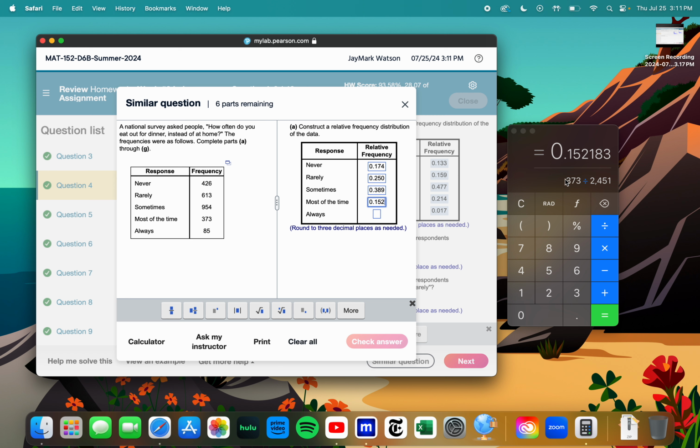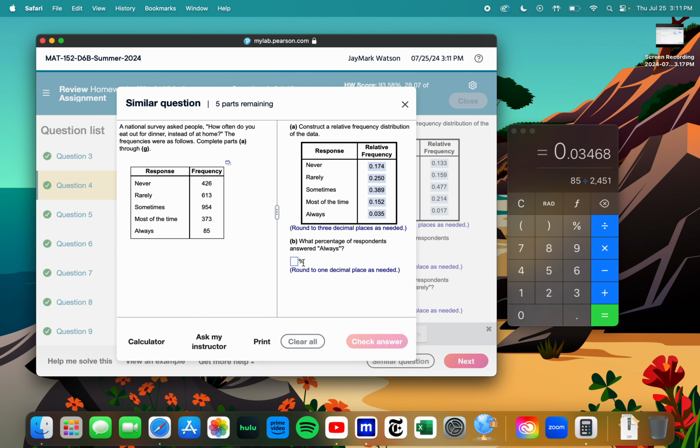And always is 85, and it'll be the smallest. It's 0.034, and that six does round it up, so 0.035.